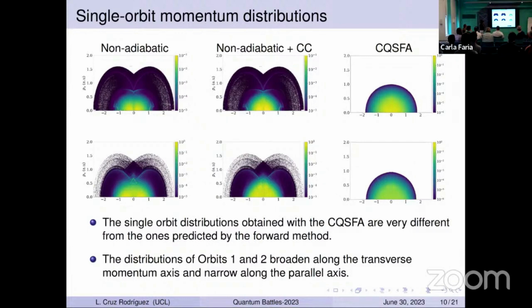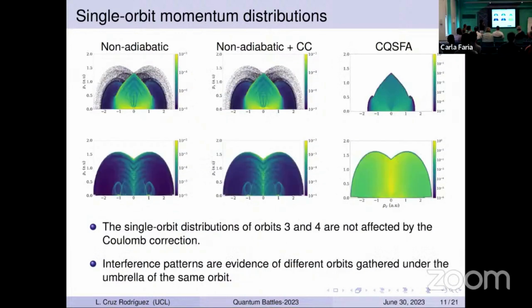We do the same analysis for orbit 3 and 4. Again, CQSFA only captures this part of the single orbit momentum distributions. And something interesting we found is that the Coulomb correction doesn't seem to be affecting the distributions of orbit 3 and 4.